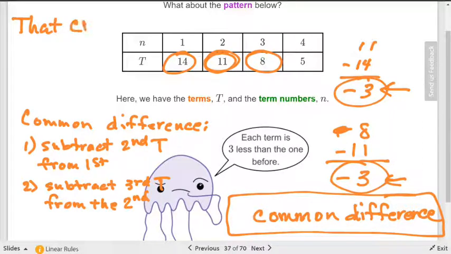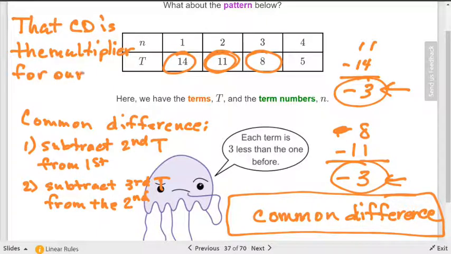That common difference is the multiplier for our n. In our rule, we're going to have a t and an n. It's going to be t equals something in front of n plus or minus some other number.